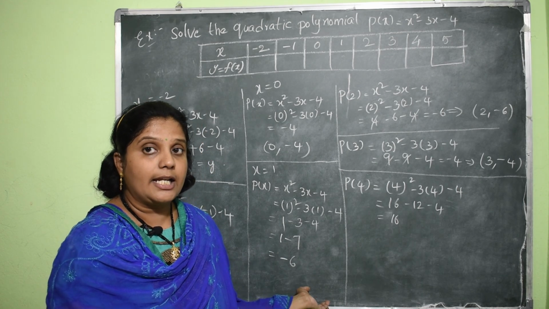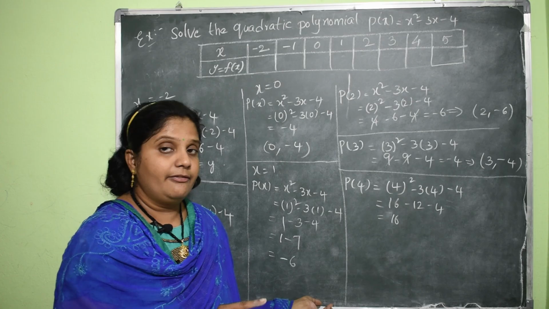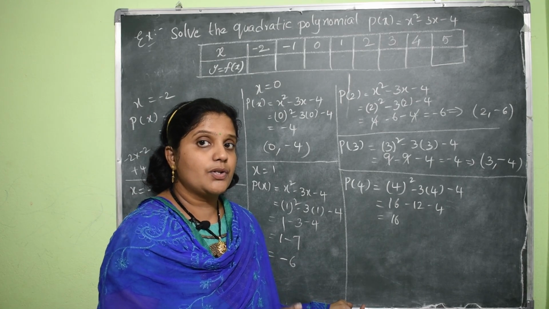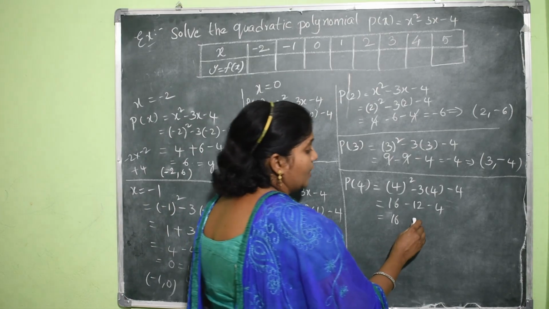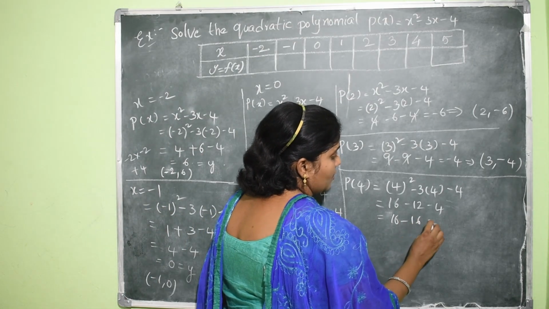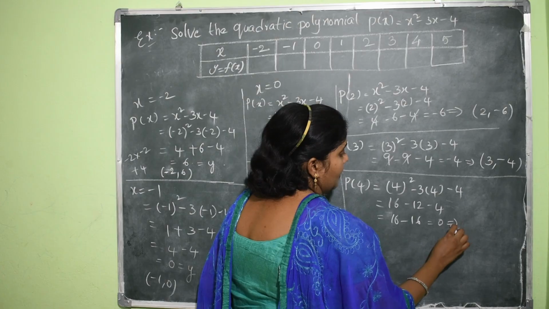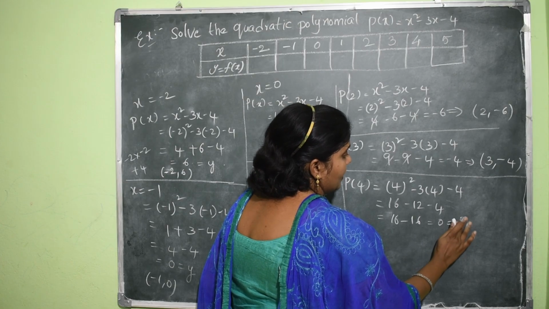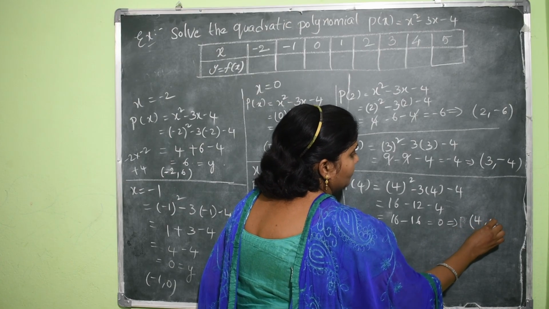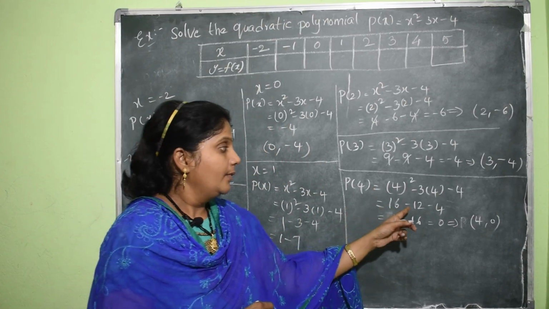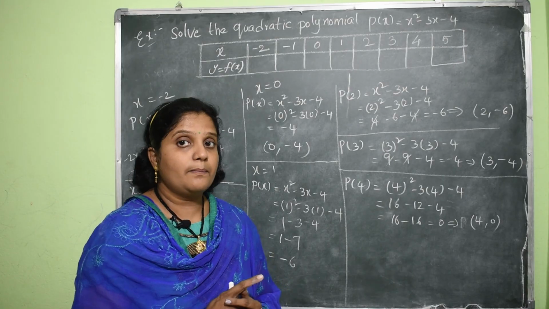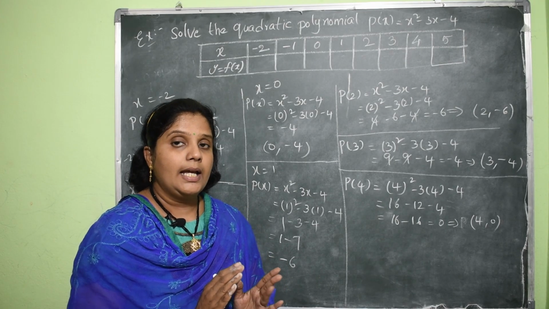If both are having same sign we should do addition. If one positive and one negative sign means we should do subtraction. So 12 plus 4 is 16. And what is the greater number sign? Minus. So 16 minus 16 is 0. That is, what are our coordinates? 4, 0.